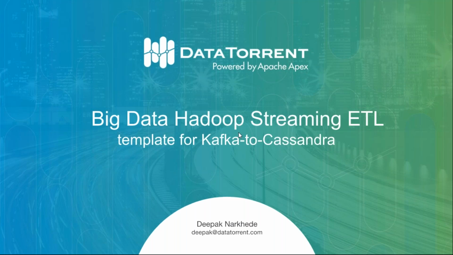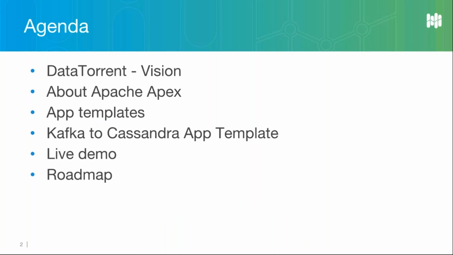Yeah, thanks, Francis. Today we'll cover a use case of Kafka to Cassandra, and we'll see a live demo of that particular application also. I'll just go over the agenda of what we'll cover today.